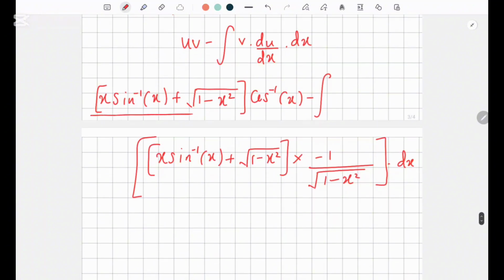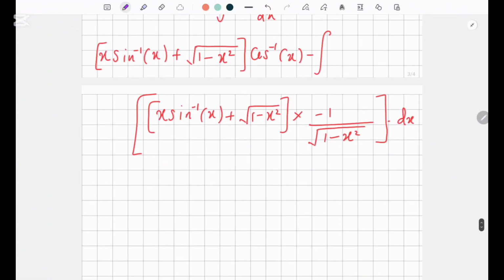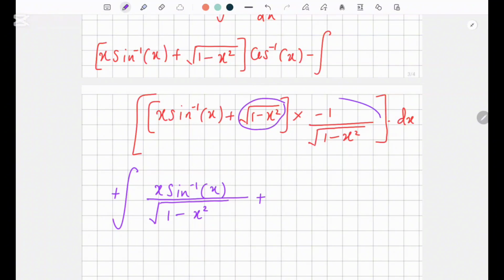So we'll leave this part aside for now. If you multiply, you'll have the integration, with a plus in front because minus and minus gives you plus. Now you have x sine inverse x over root 1 minus x squared plus... if you multiply these two together, you can see they cancel off, right?